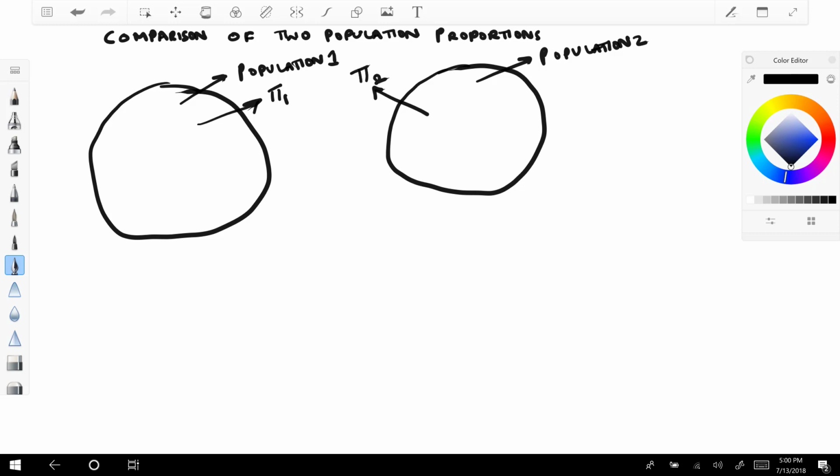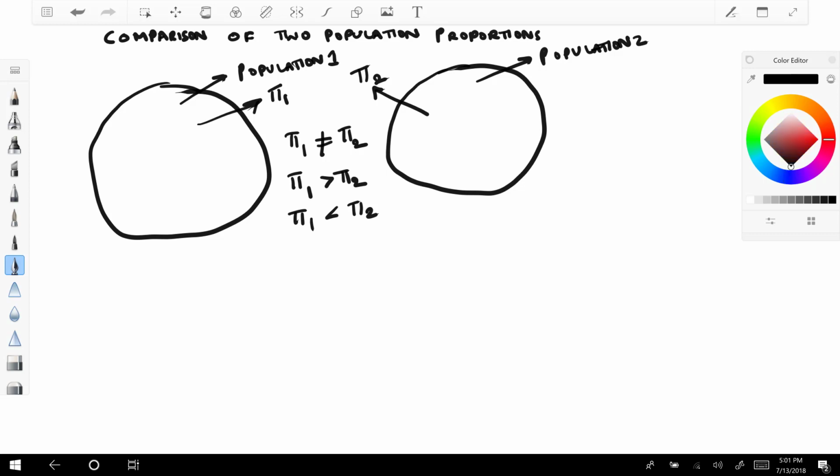So we are interested in knowing whether pi 1 is different from pi 2, that is pi 1 not equal to pi 2, or pi 1 greater than pi 2, or pi 1 less than pi 2.